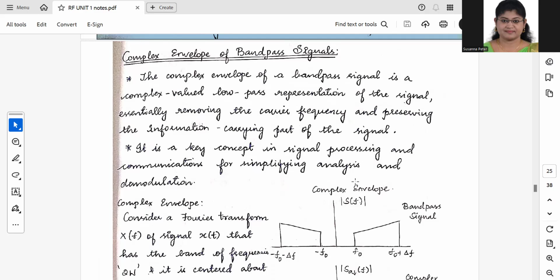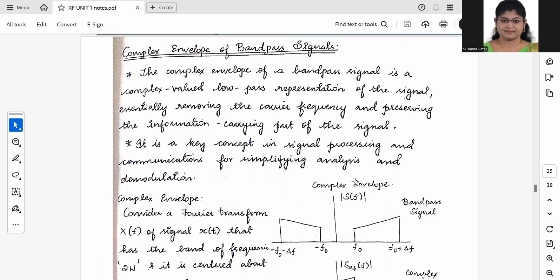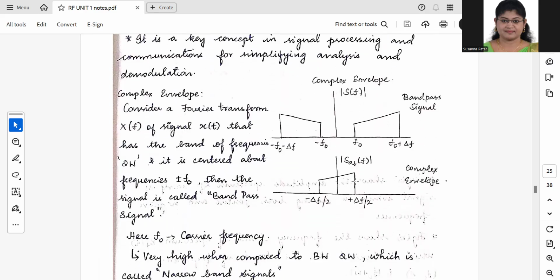We'll now see diagrammatic illustrations of the complex envelope. If you look at this diagram, this is a bandpass signal. A bandpass signal doesn't start from 0 hertz. It starts from a specific range between lower and upper frequencies. Here we have the lower frequencies f naught minus del f till minus f naught, where f naught is your carrier frequency, and again the upper frequencies f naught to f naught plus del f.